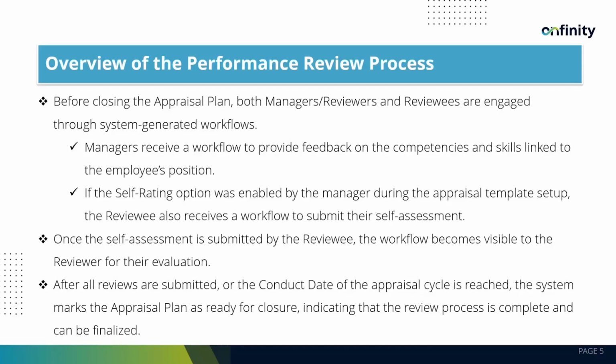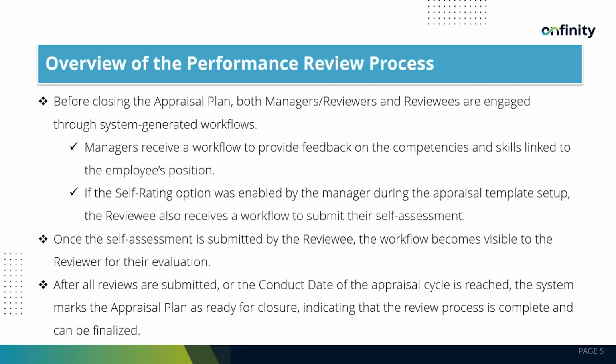Once the self-assessment is submitted by the reviewee, the workflow becomes visible to the reviewer for their evaluation. After all reviews are submitted, or the conduct date of the appraisal cycle is reached, the appraisal plan is ready to close. This indicates that the review process is complete and can be finalized.